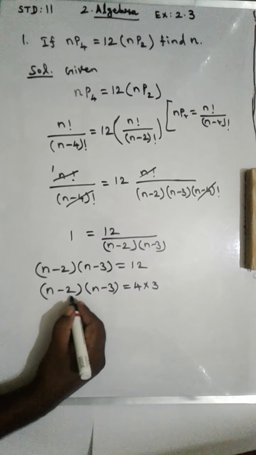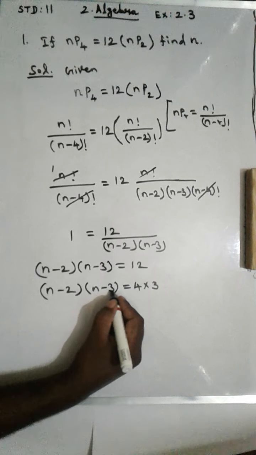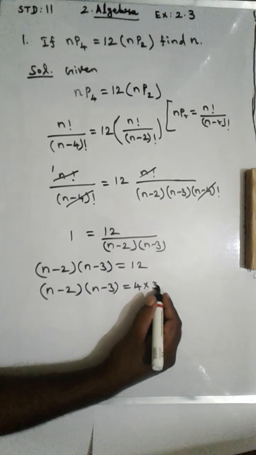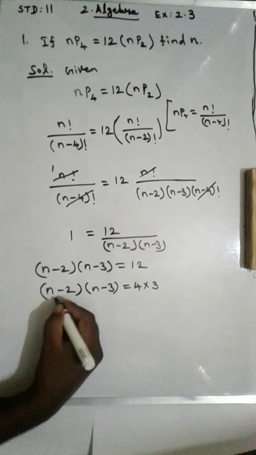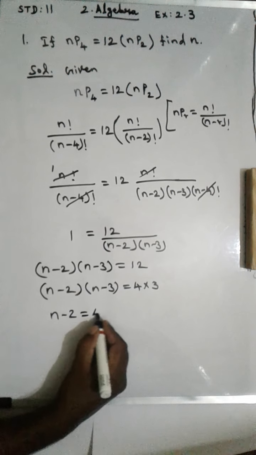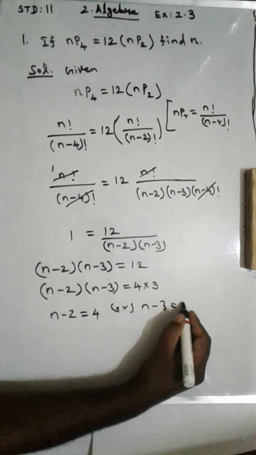This (n minus 2) is one number, 4, and next, minus 1 gives the other number, (n minus 3), which is 4 minus 1, that is 3. So we take either n minus 2 equals 4 or n minus 3 equals 3.